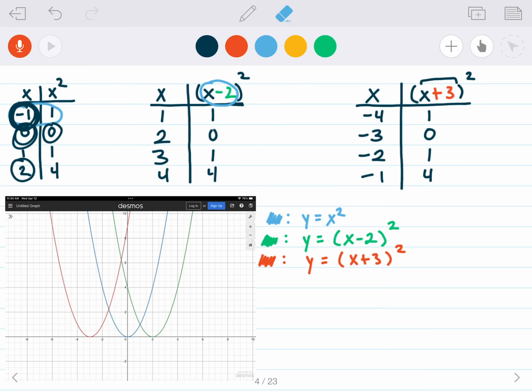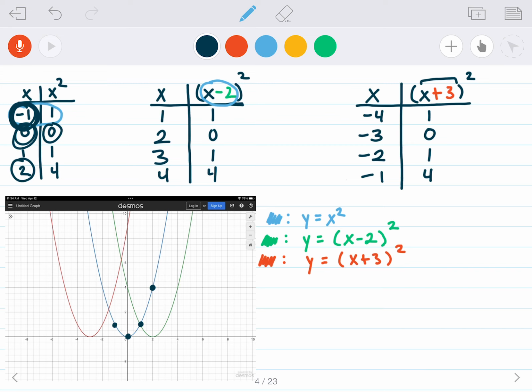It's just the x values that are moving. So let's label our points just like we did in the previous problem. In our blue parent function, we have the point negative 1, 1, which is right here. Then we have 0, 0. Then we have 1, 1. Then 2, 4. Okay, and then these points are going to start shifting.